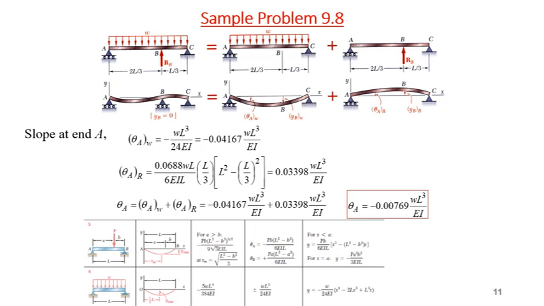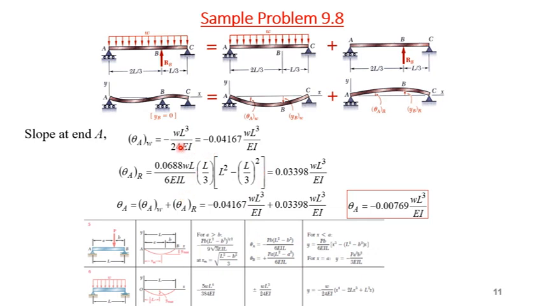Okay, now slope at A. Theta AW plus theta AR will be equal to theta A, as shown over here. Now using this equation, theta at A will be PB times (L^2 minus B^2) divided by 6EIL for the concentrated load.